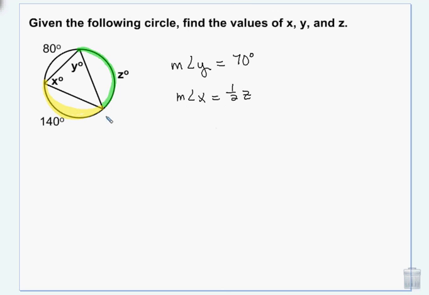No, we had to find Z first. We know X is half of Z, but I don't know what Z is. But I do know that this is 140 and that this is 80 and that the whole circle is 360. So Z is going to be 360 minus 80 and minus 140. So that's 220. So 360 minus 220 is 140.